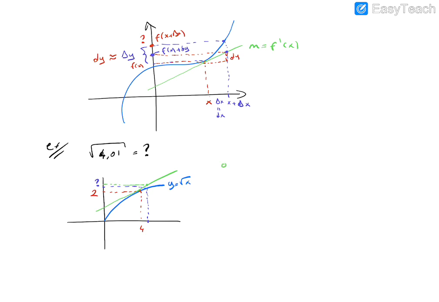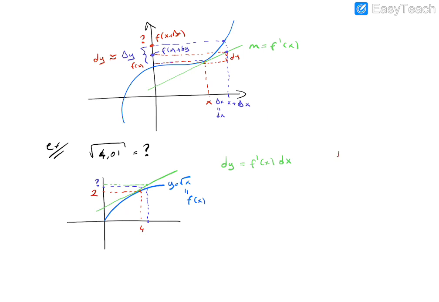Okay, so the differential of y equals f prime x times dx. What is f of x? f of x is the square root of x. Maybe you don't know the derivative of the square root of x, but as I remember, you have already learned.